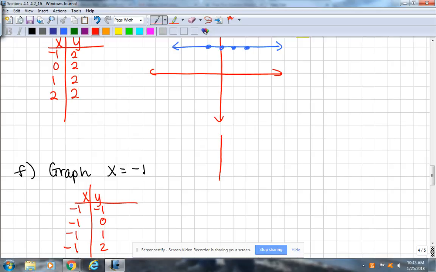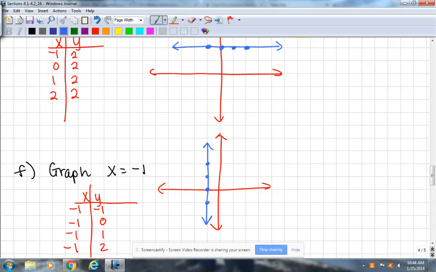Where do you think we're going to cross the x-axis at? -1. Yeah. So left 1 down 1. Left 1 0. There we go. Yep.